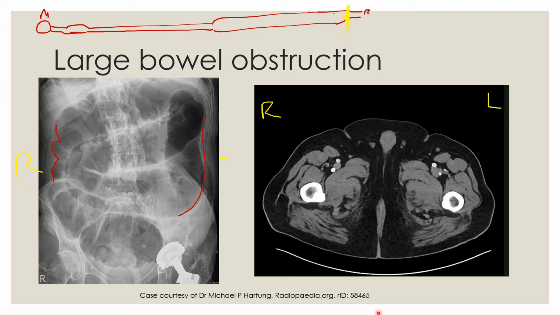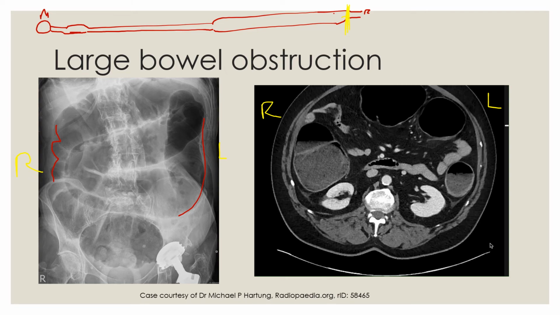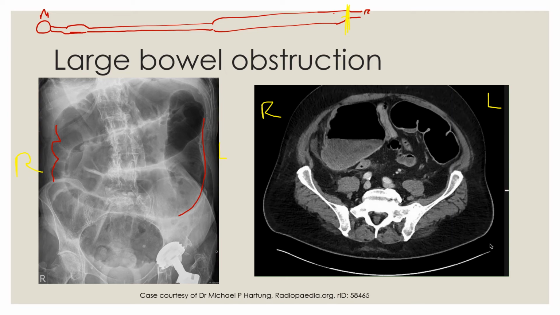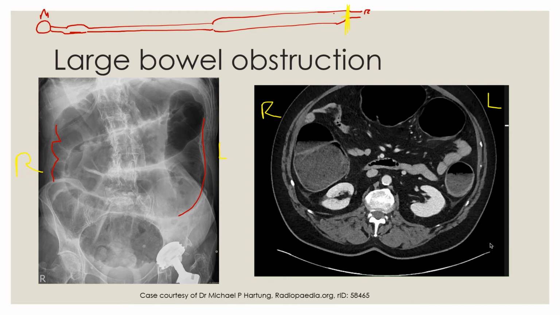If I were to play through this CT, which is in axial, we can see that we have multiple loops of really, really dilated large bowel, which contains fecalized material, but also contains gas.